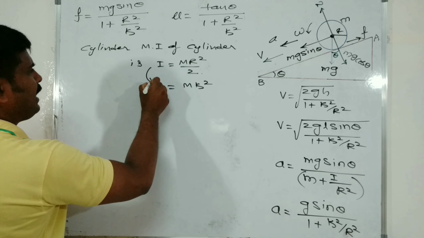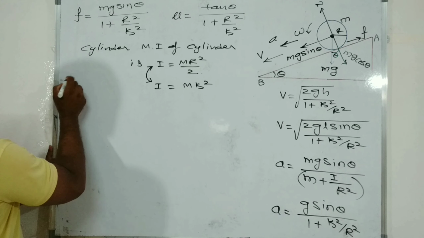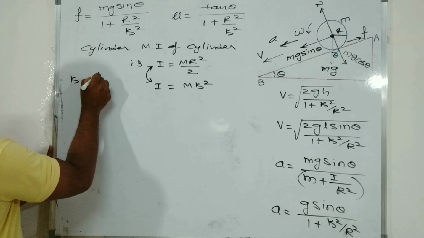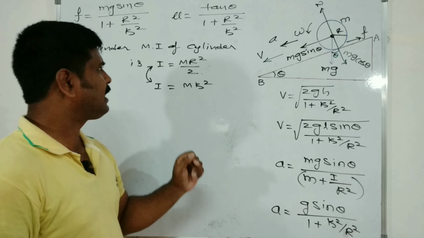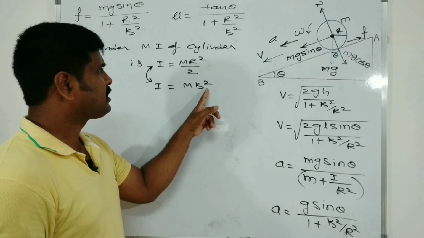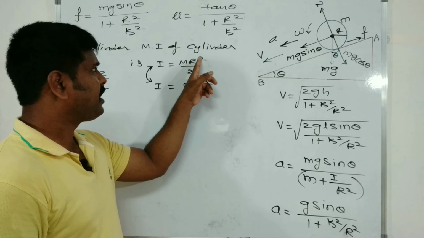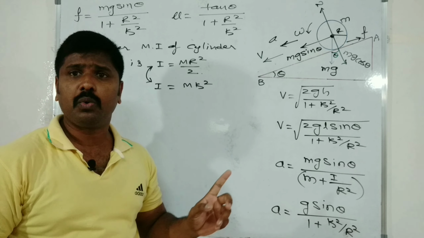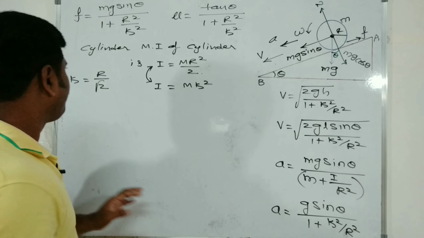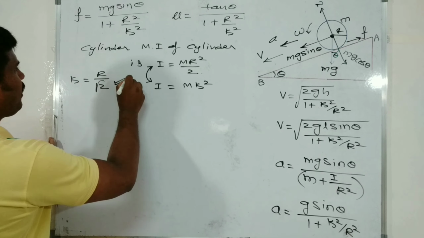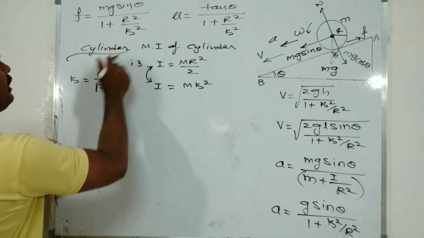So balancing both, m gets cancelled, and we get k square equal to r square divided by 2, and k equal to r divided by root 2. We got the value here. Okay, this is for the cylinder.